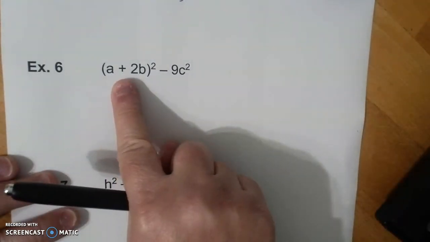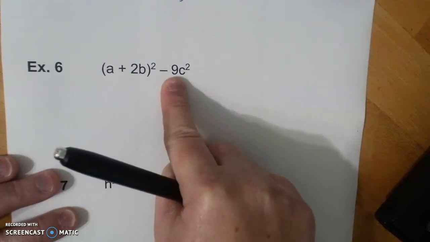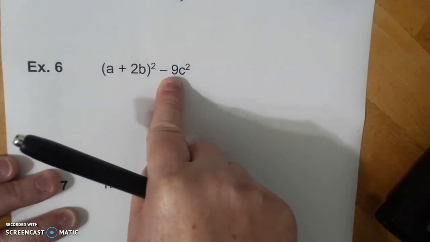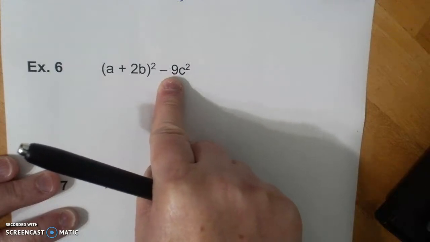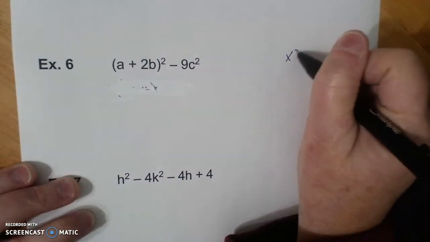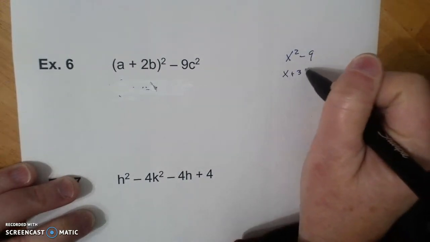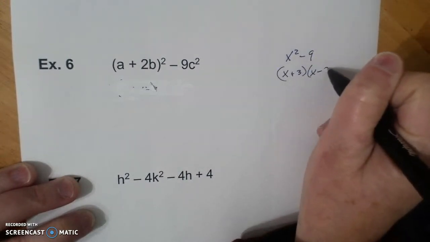Anytime that you have a clump squared and a clump squared, make sure that you know. So this is a difference of two squares, and I'm going to write x squared minus 9, and remember that would be x plus 3 times x minus 3.